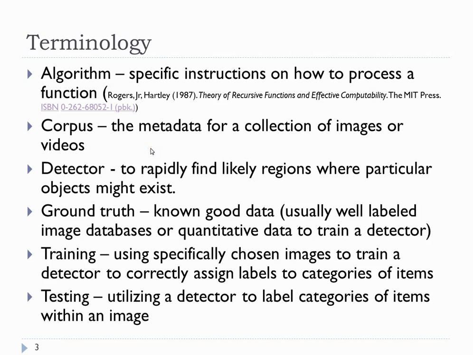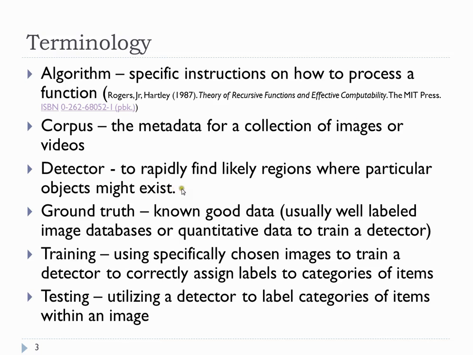Moving on, we talk about corpuses. A corpus is basically all the data about a set of images, whether you want to call that the labels, the categories, the features, etc., to include also videos. And with videos, you hear a lot of people say it's just a lot of images attached together.